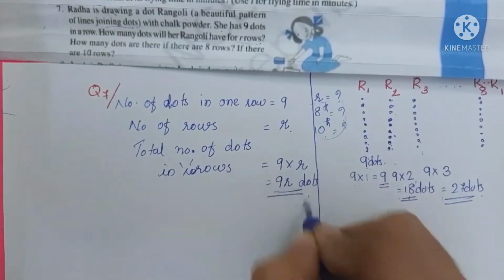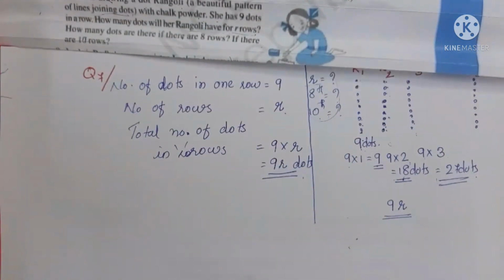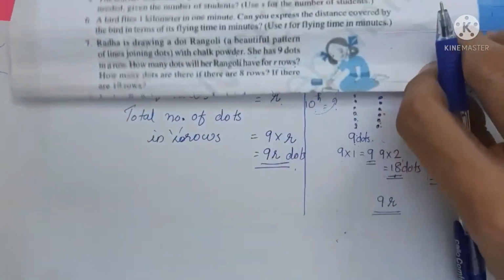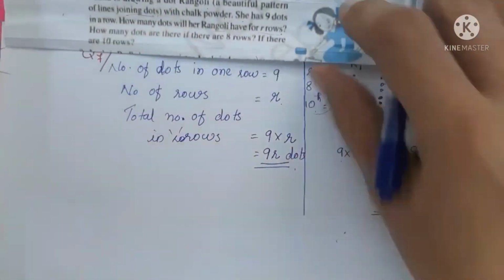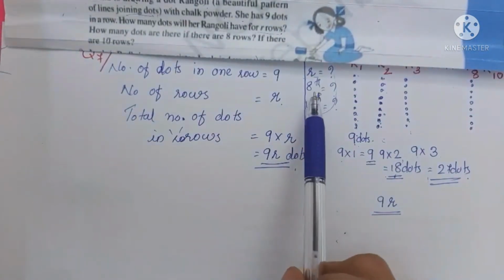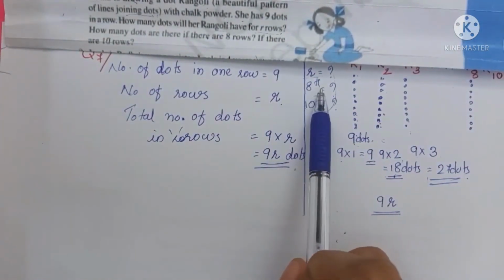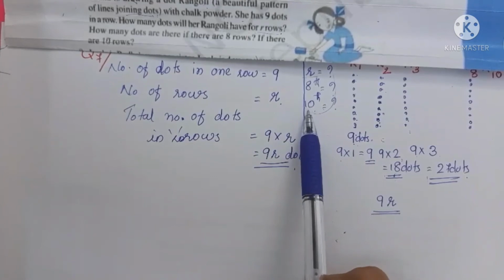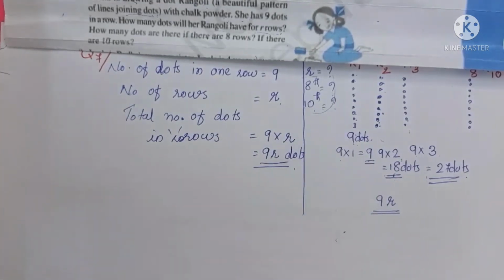That is the rule. Okay. So, as already told, 2 parts are left in the question. So, we can find the 8th row's dots and also the 10th row's dots.